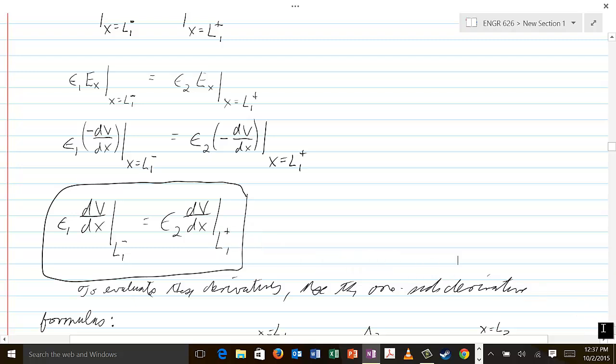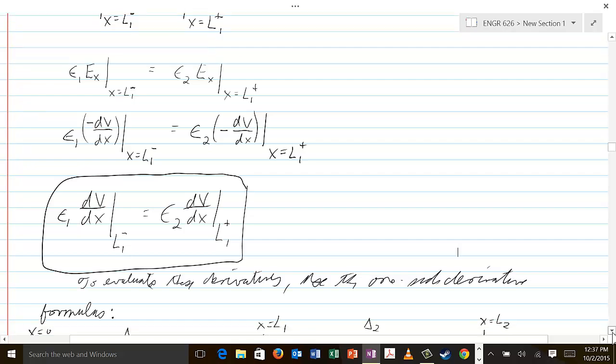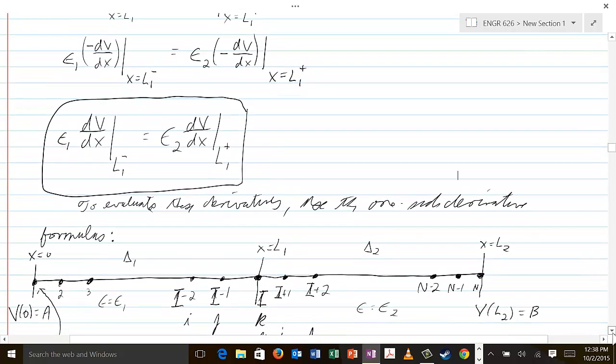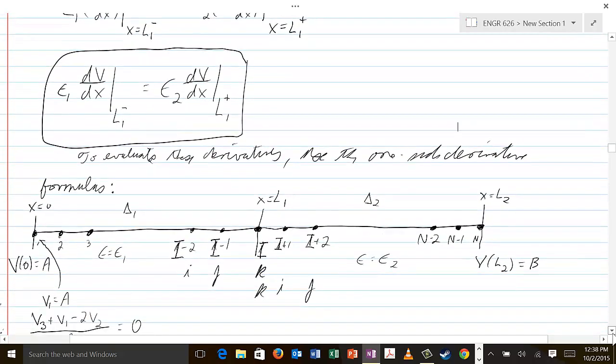And now to evaluate these derivatives, we want to use the one-sided derivative formulas that we used before. You will recall that in a very early project we had a problem where we had a derivative boundary condition on the right-hand side of our boundary, and so we had to use a one-sided derivative formula to express that derivative boundary condition. Well, a similar kind of thing is happening here.